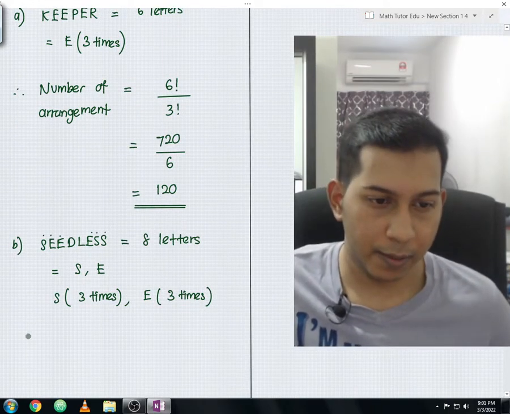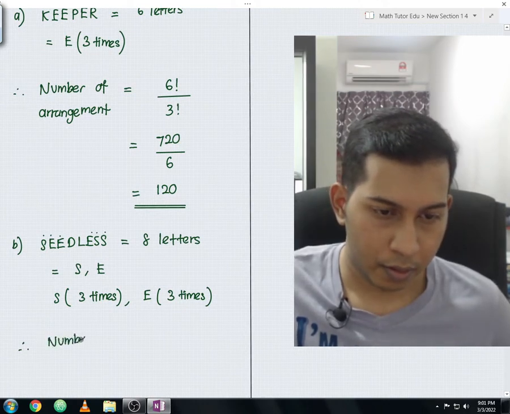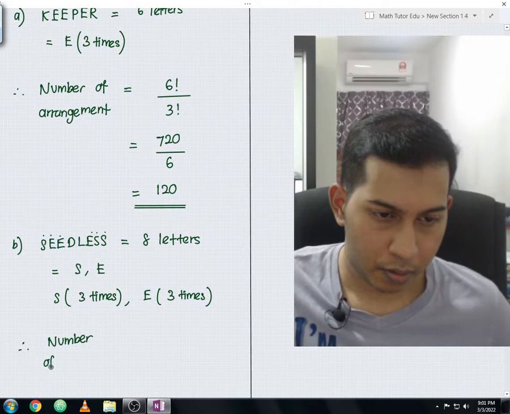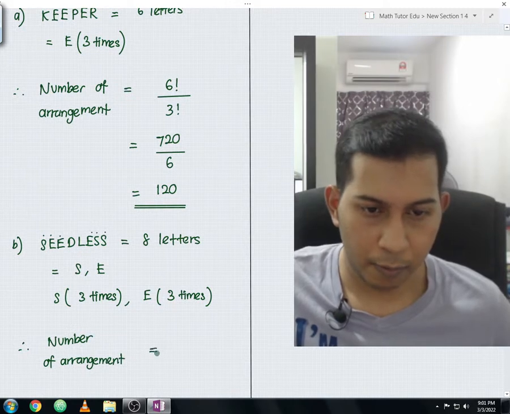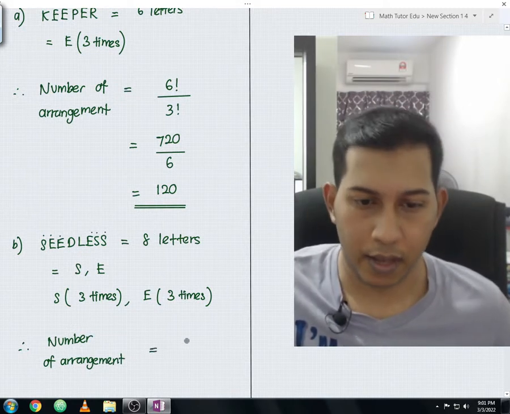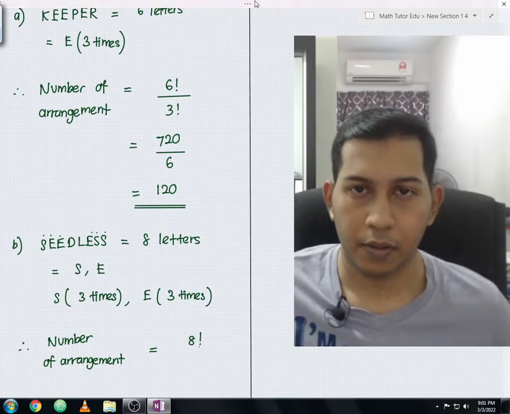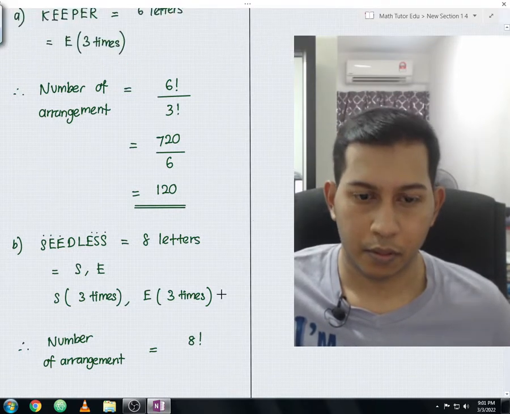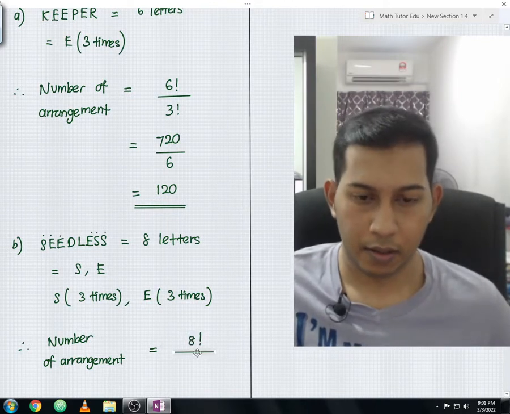So from here your number of arrangements will be equal to, since you have 8 letters, you write here 8 factorial. And since you have repeated letters, you need to divide.